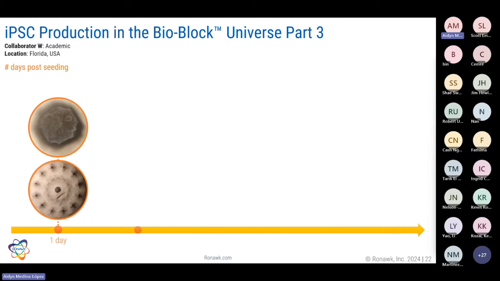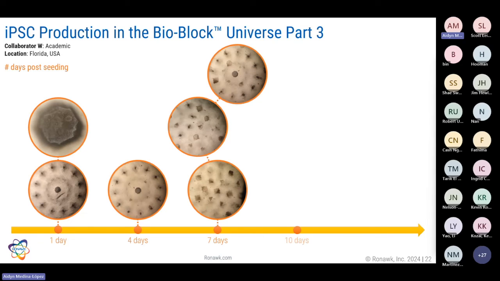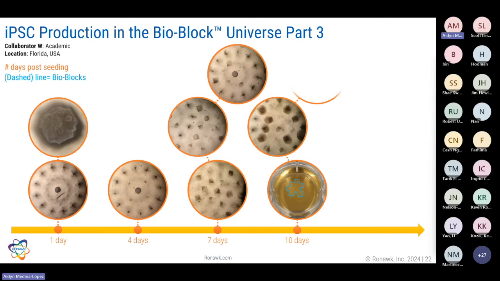And what we saw was that within 1 day, like our first collaborator, aggregates started to form. And that aggregate right there is from the center pore of our bioblock. By day 4, again, more aggregates are formed, especially near those pores. By day 7, like before, aggregates are very, very big.